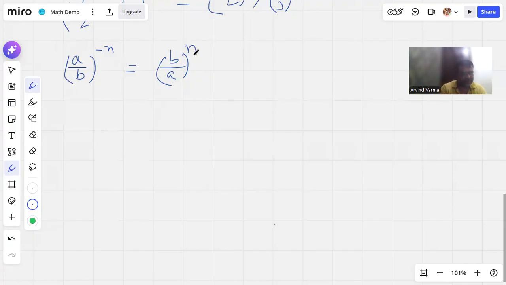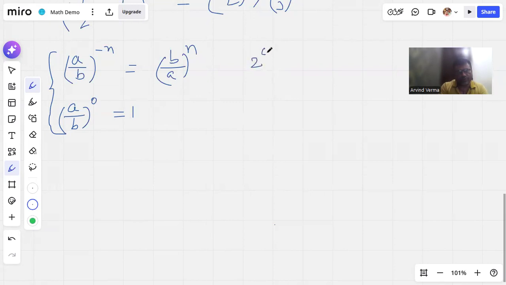And one more thing, a upon b raised to the power 0 is equal to 1. Now, let's see how these two laws can be understood by patterns.